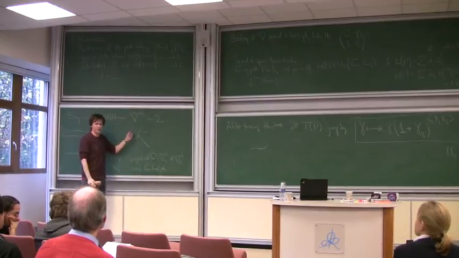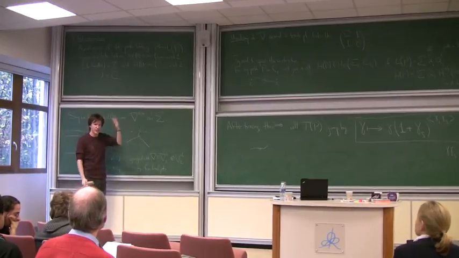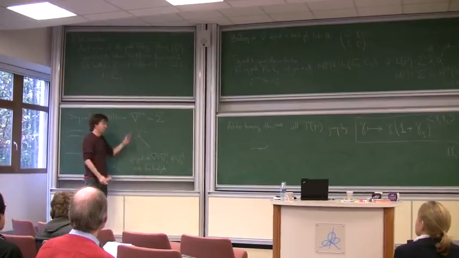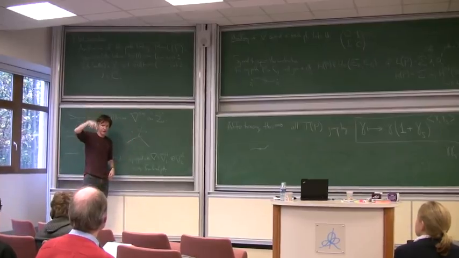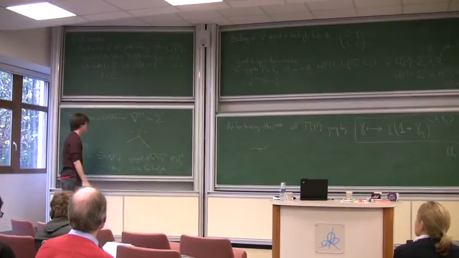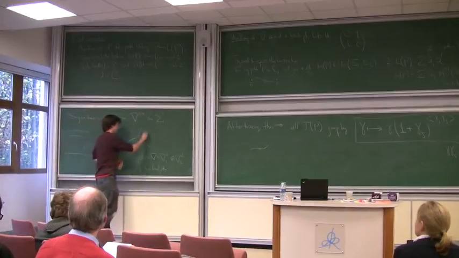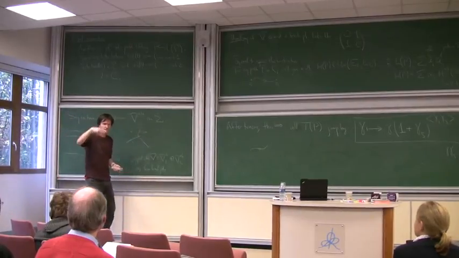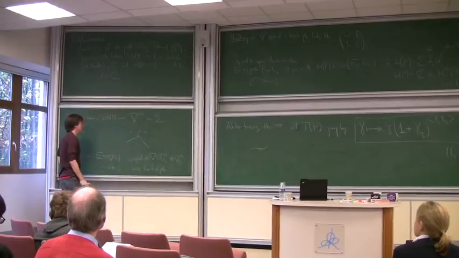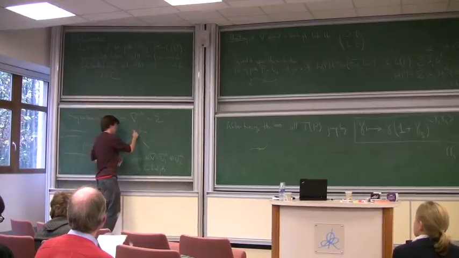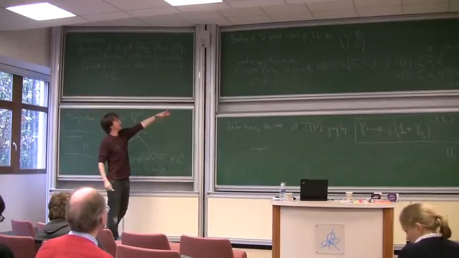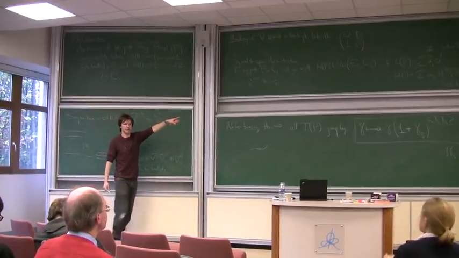Here I'm doing it pointwise. To every point I'm assigning the direct sum of the fibers of L over that point, and to every path I'm assigning just this sum of polynomial operators that I wrote up there.